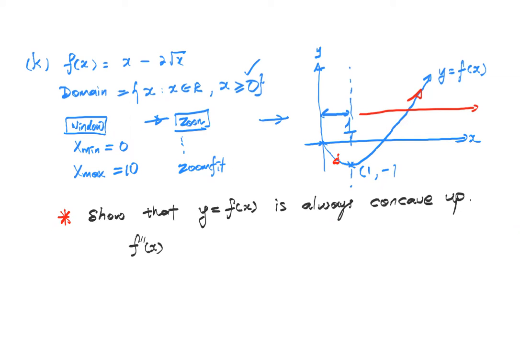Are you clear? So we know that our f(x), just now in front I have my f prime x is equal to 1 minus x to the power negative half. Am I right? After I simplify it. So my f double prime x will be 0 minus negative half x to the power of negative 3/2.